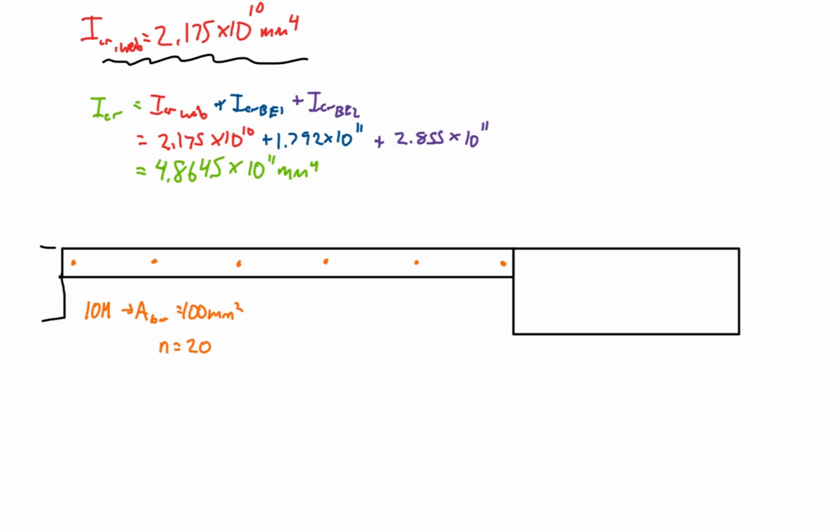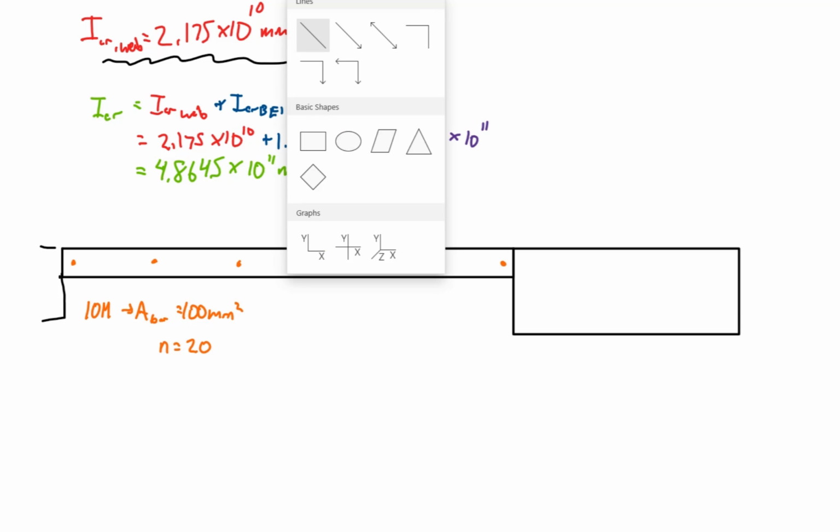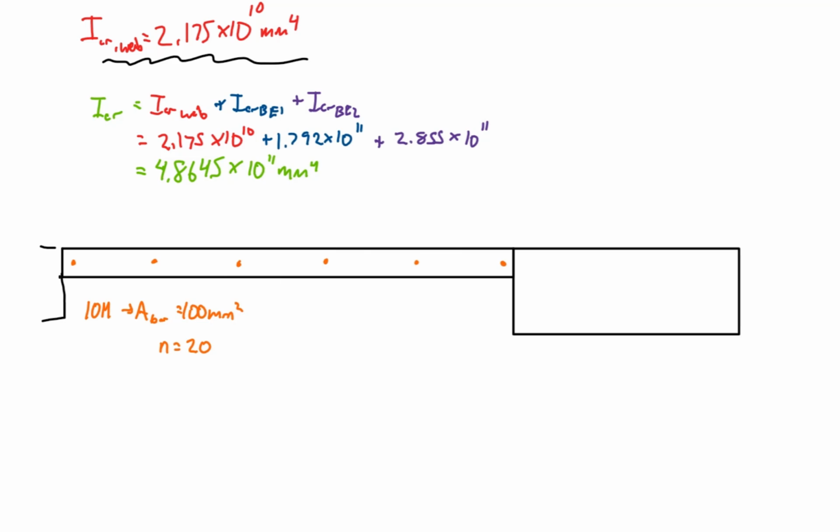We also found from before that our KD was equal to 741 millimeters, and this boundary element is 790 long. So actually we do have our boundary element over here. Perfect, so I'm just going to write KD equals 741.